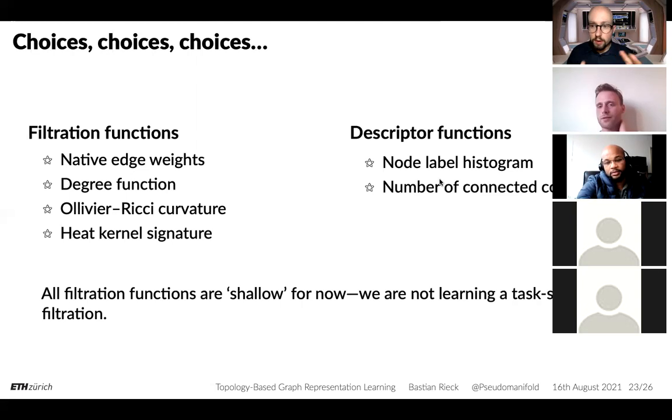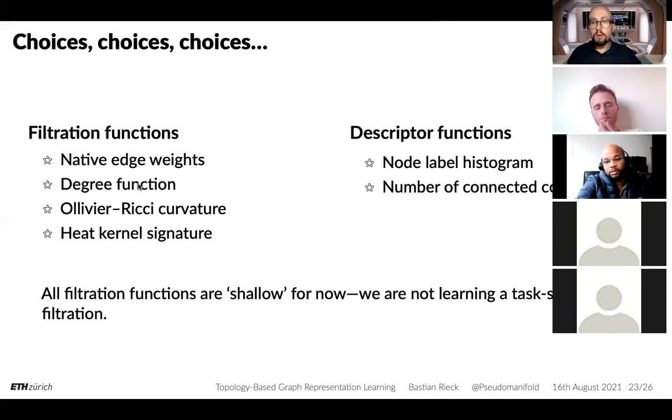No, the ordering, you're absolutely right. The nodes are technically there from the beginning, but we use the filtration function to impose some kind of ordering in which we add the nodes or the edges. And we use that to specify how to count them. So if your graph, for instance, has, let's say, no native edge weights and you use the degree function, then nodes will be added in ascending order of their degree. And this means that the node label histogram changes over that time.